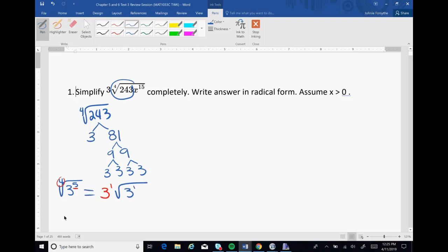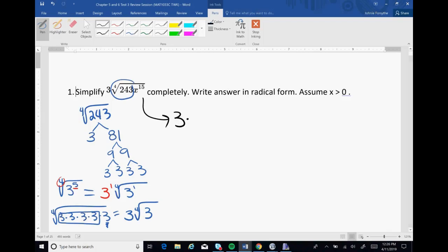Another way you could think about that is by saying, the fourth root of 3 times 3 times 3 times 3 times 3. I have 4 3's here, so that's going to come out of the radical. And how many are left over? Just one of them. So what's going on? I still have this first 3 on the outside. That was always there.